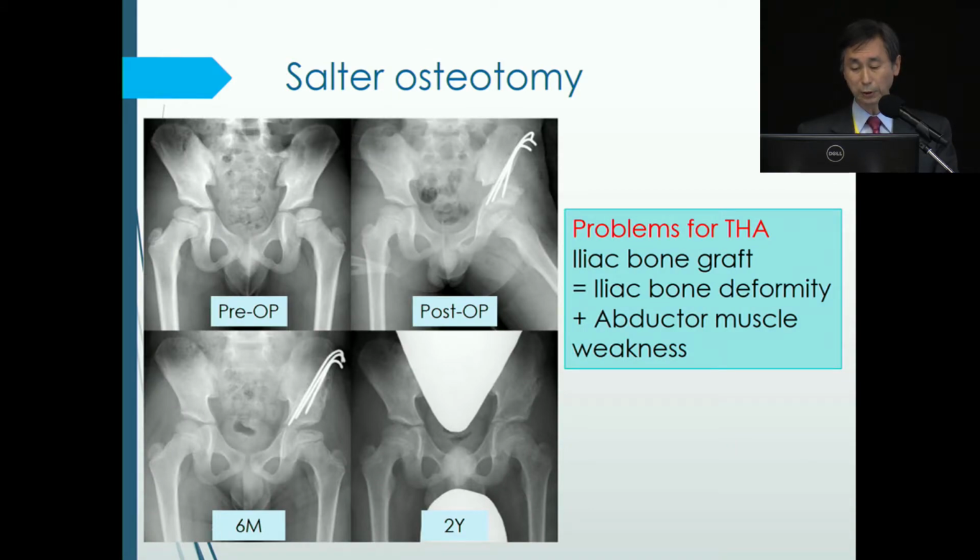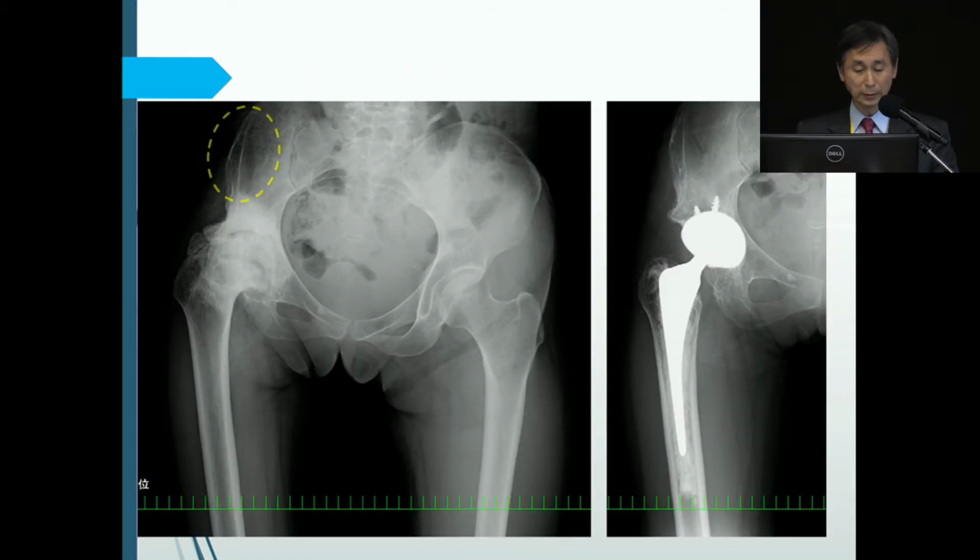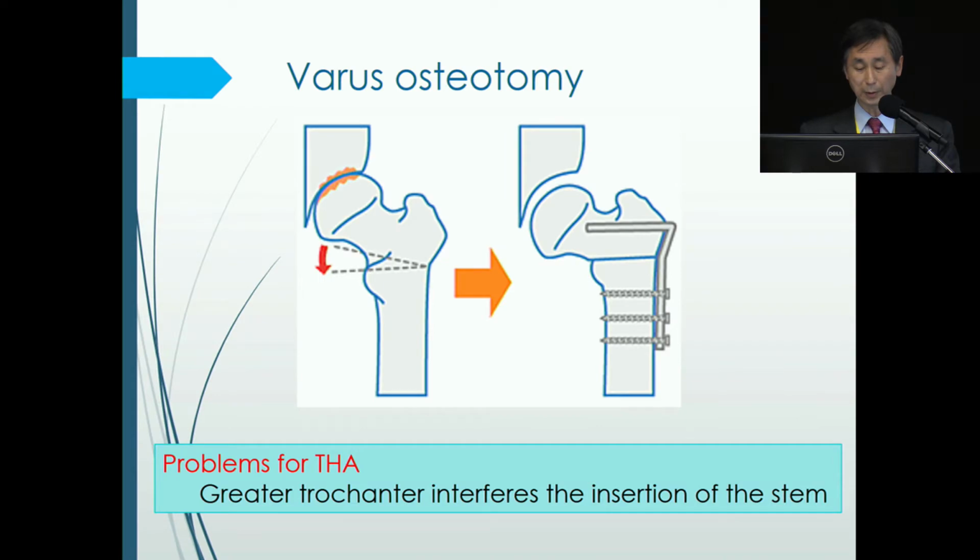In Chiari osteotomy, iliac bone graft was performed. In such cases, iliac bone deformity as well as abductor muscle weakness occurs. As seen in this case, the deformed iliac bone makes it difficult to identify the pelvic position during THA. After valgus osteotomies, the greater trochanter interferes with the insertion of the stem.